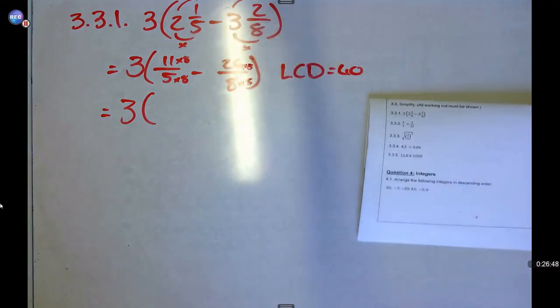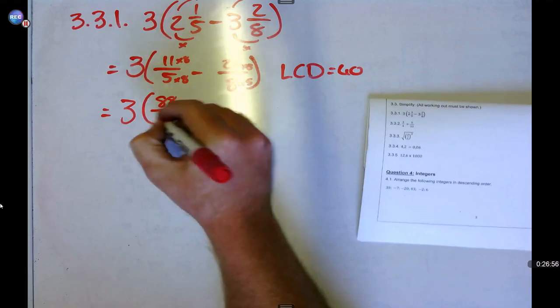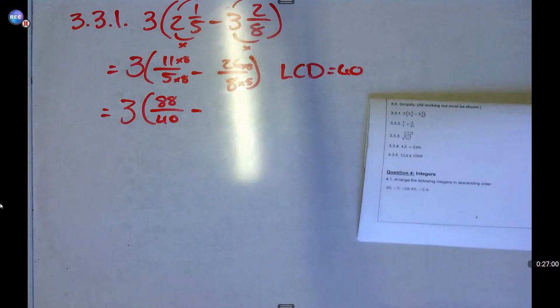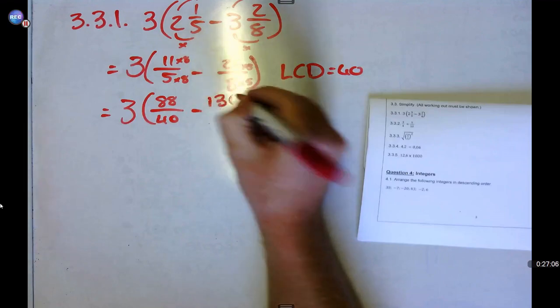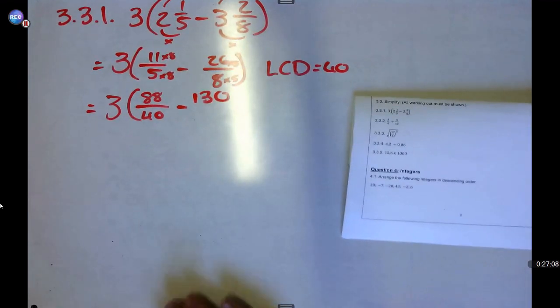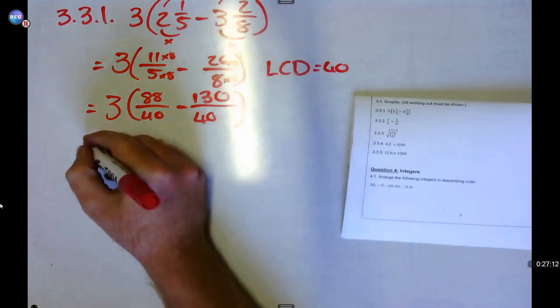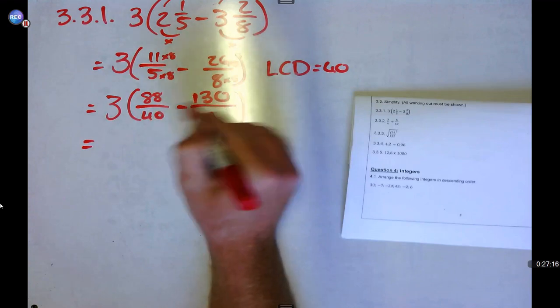So 11 times 8 gives me 88 over 40 minus 26 times 5 gives me 130 over 40. Now that the LCDs are the same, we can subtract the numerators from one another.